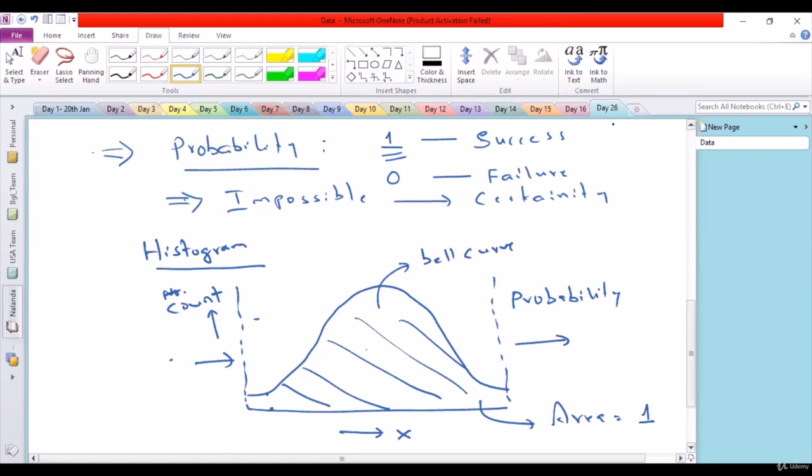I'm trying to set the context for us to take you guys into data distributions. Till this point, friends, any confusion or any issue or any question?